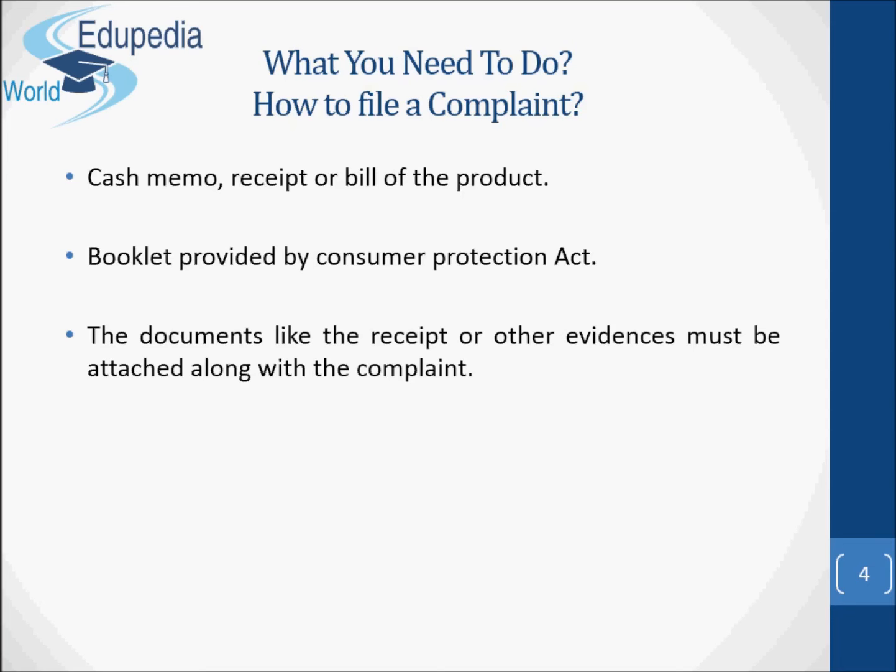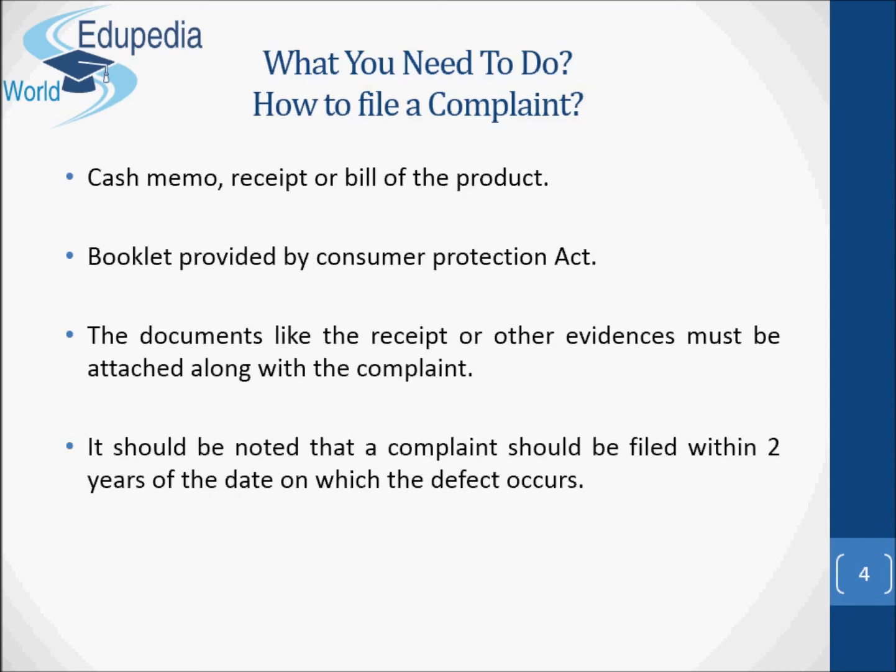Some nominal filing fees have to be paid to the court by the complainant in the form of a demand draft. It should be noted that a complaint should be filed within 2 years of the date on which the defect occurs. This is not dependent on the purchase date.